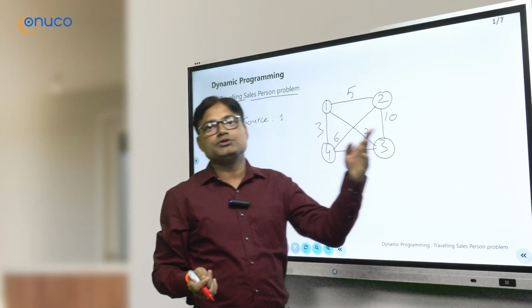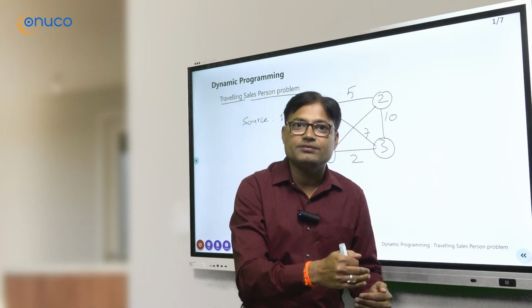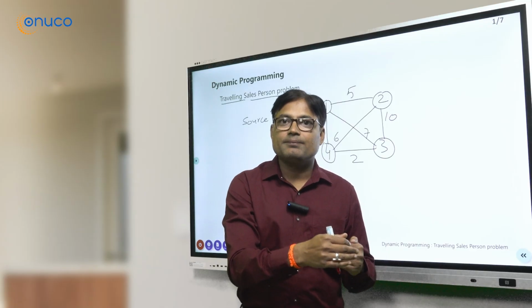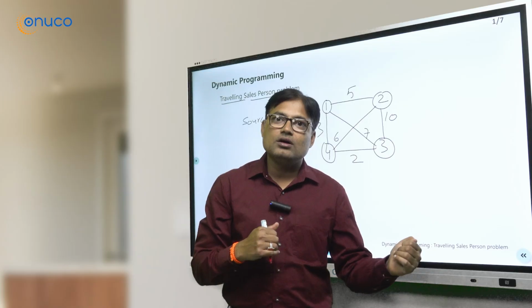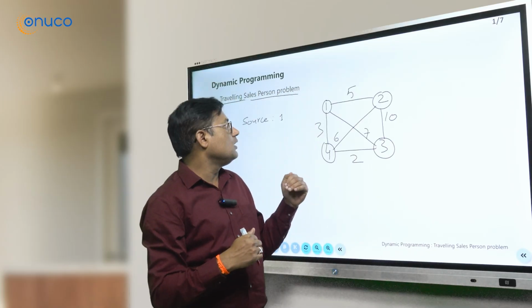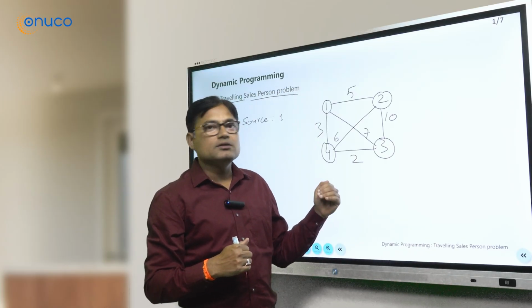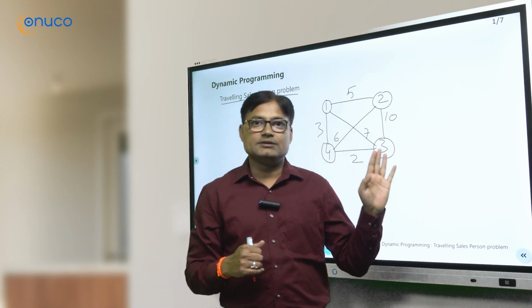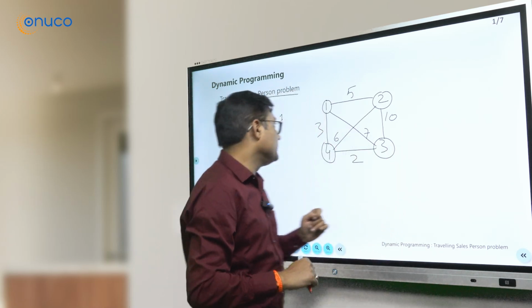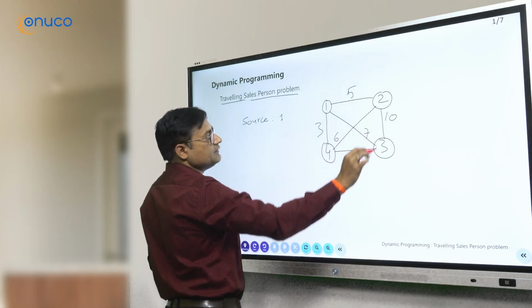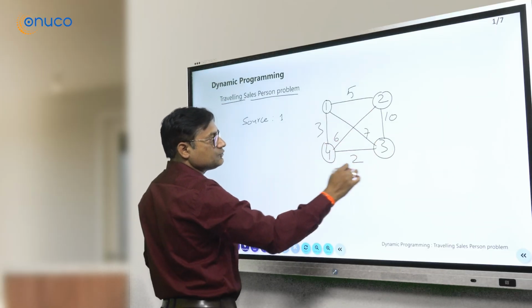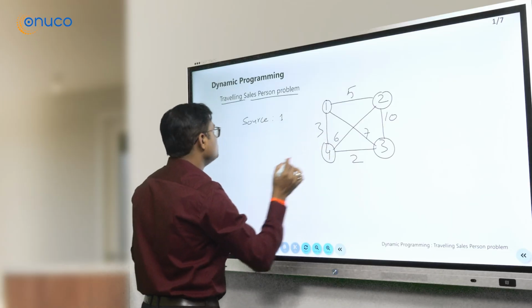The distance from city A to city B, either you discuss it in the form of distance in kilometers, or how much time it will take to reach, or how much amount you are going to spend to reach from source to destination. So that is why it is called a cost matrix. So let us see, if the source is 1, how you are going to visit the remaining vertices 2, 3, 4 and return back to city 1.